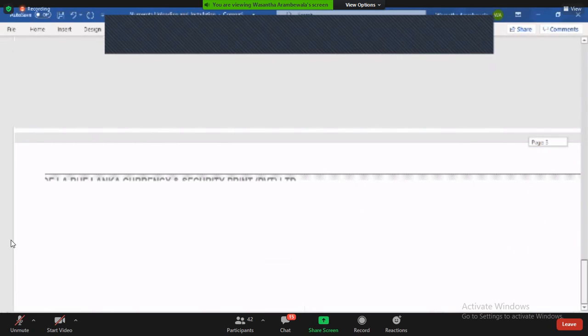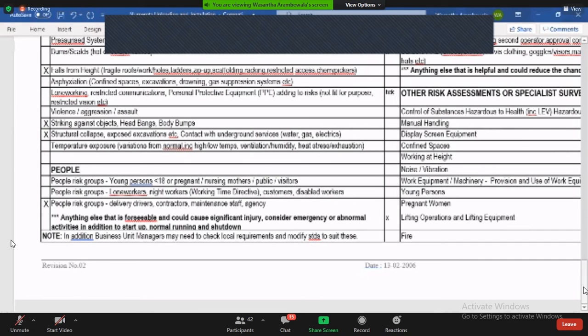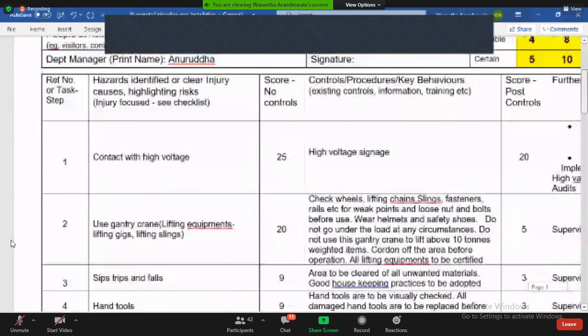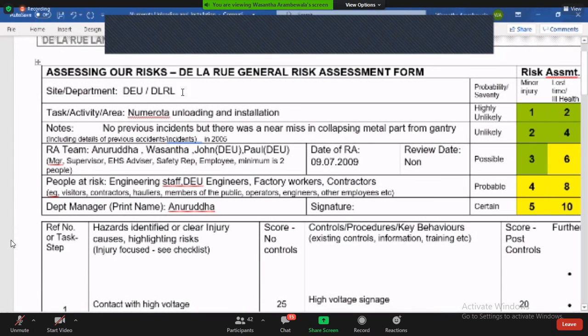You can say okay, area wise you can put site or department wise or activity. For example, this is called engineering. Then sometimes it can be engineering. This is called task.